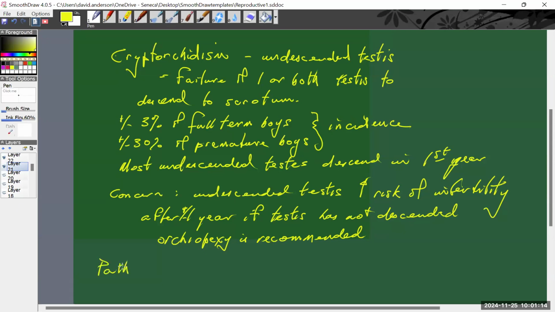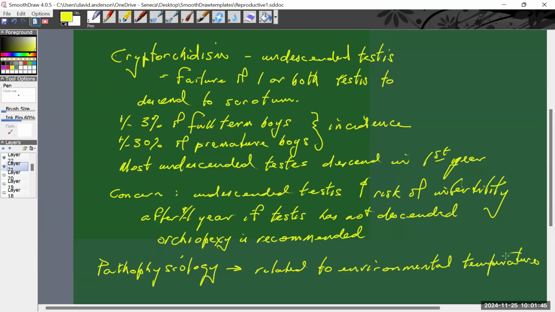So basically, the pathophysiology is related to environmental temperatures and the effects on spermatogenesis, like we talked about.